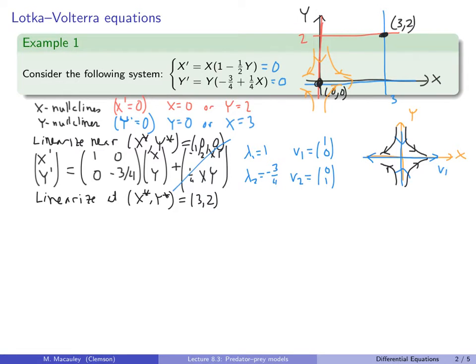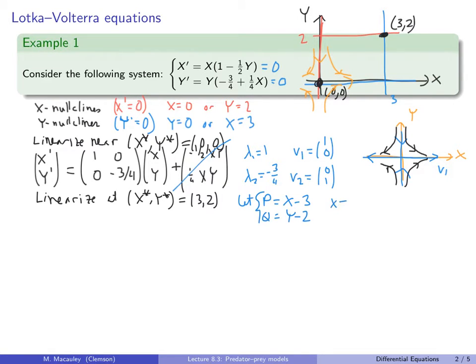To do this, we need to change variables. So we let p be x minus 3. So we're going to subtract off the steady state value in the x direction and the y direction. And q is y minus 2.